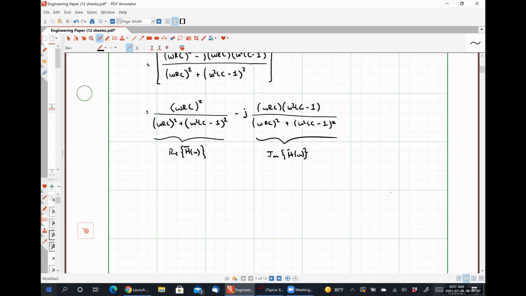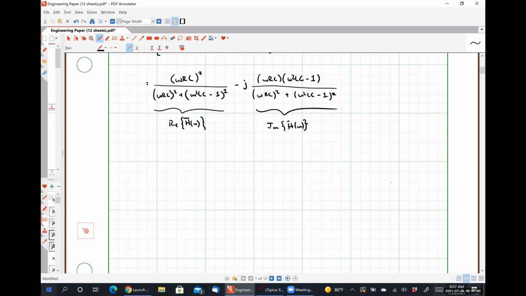So now we can find our magnitude and our phase angle. For our magnitude, or our frequency response, we're going to have the square root of the real part squared.